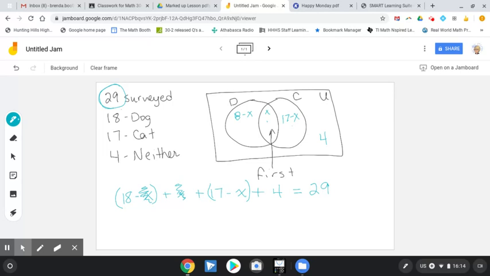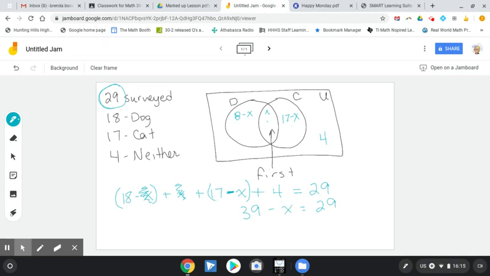I'm going to add up the 18, the 17, and the 4 to get 39. And we still have this negative X sitting here. So I have the left side in simplest form.